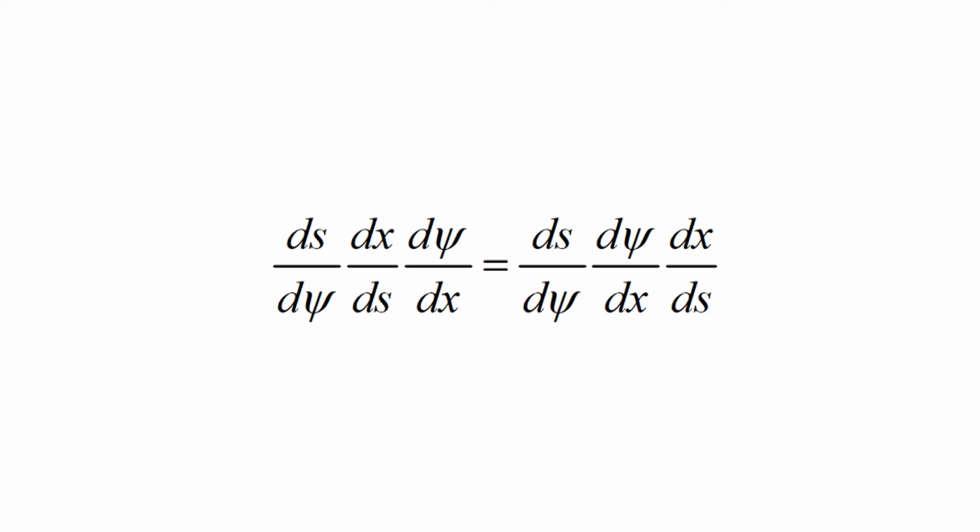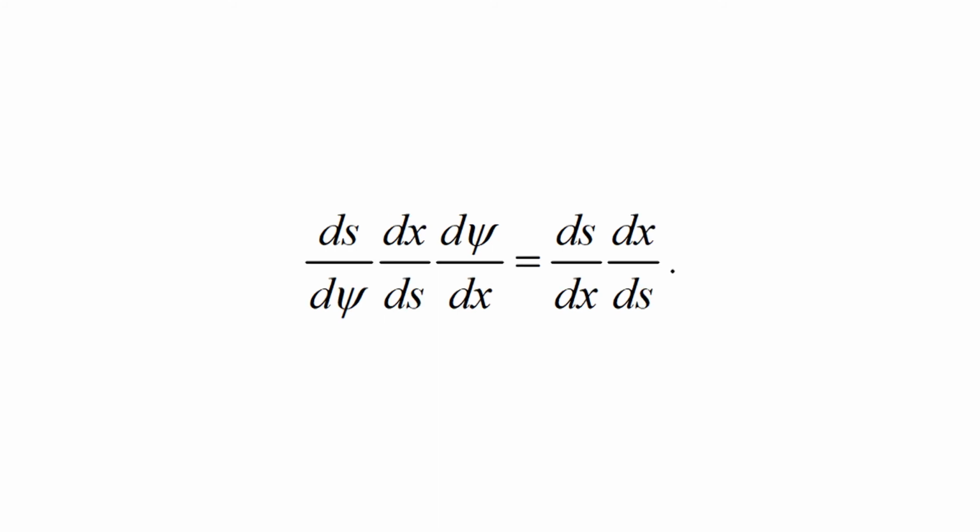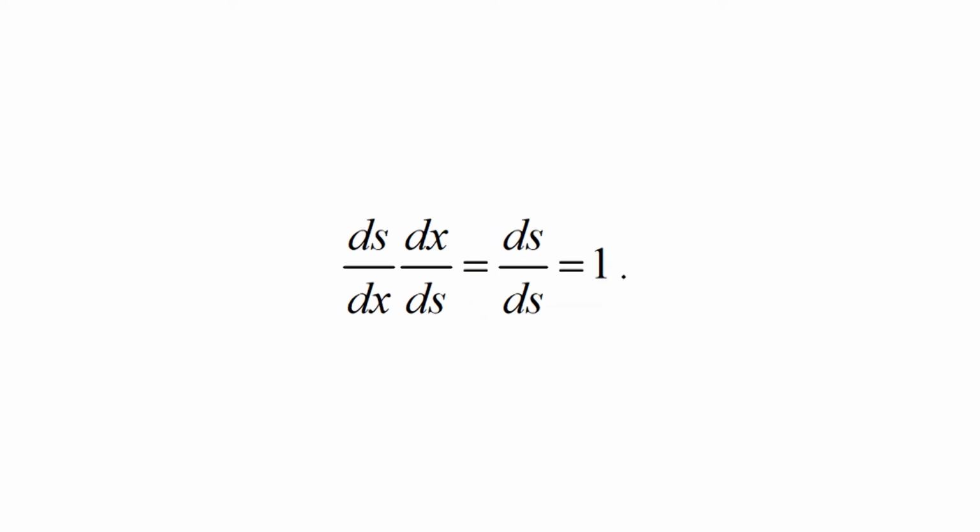Now, by the chain rule, ds by d psi times d psi by dx is equal to ds by dx. Thus, ds by d psi times dx by ds times d psi by dx is equal to ds by dx times dx by ds. Again, by the chain rule, ds by dx times dx by ds is equal to ds by ds, which is equal to 1.